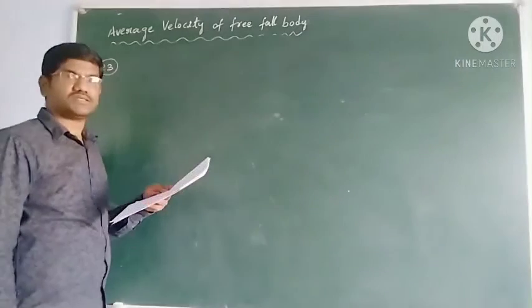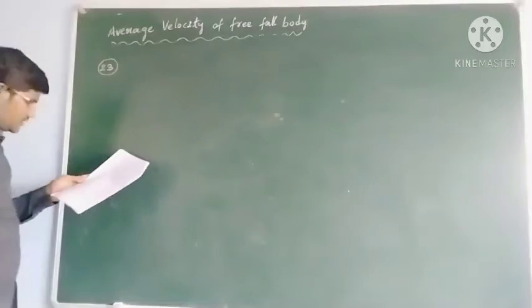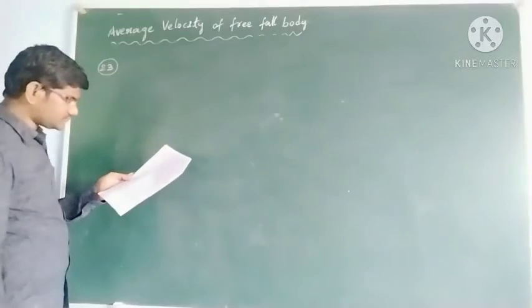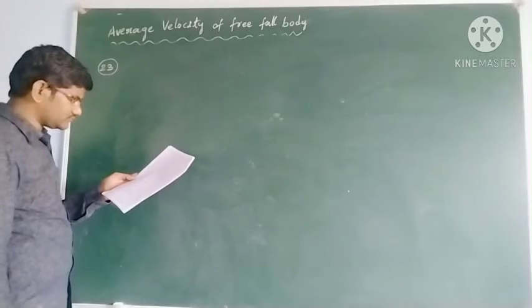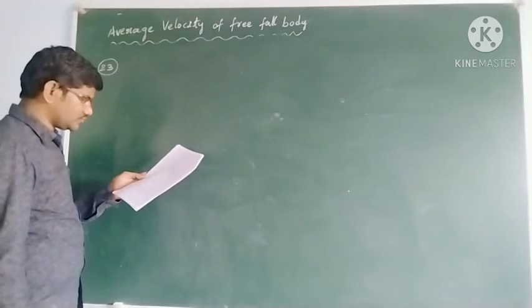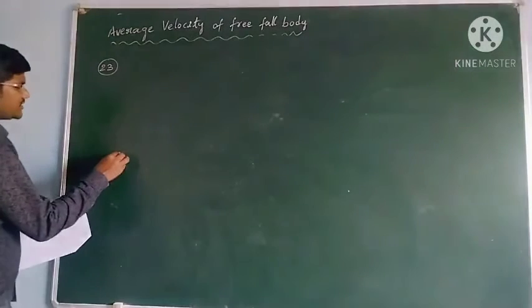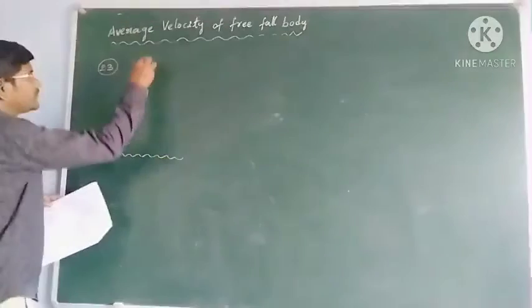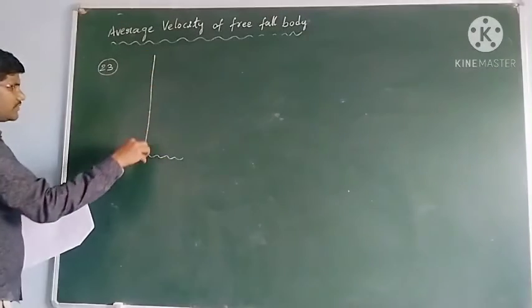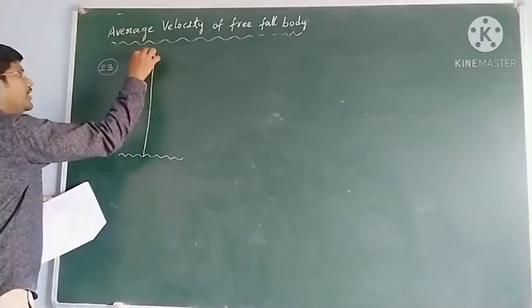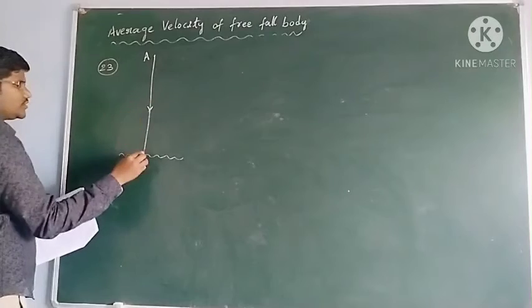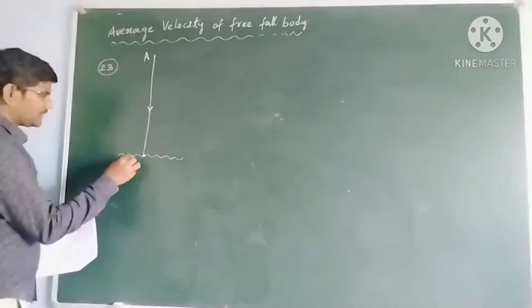Okay students, so what is given, you see students. I am marking this as the water in the well, and we dropped a stone from this point. It comes and strikes the water here.